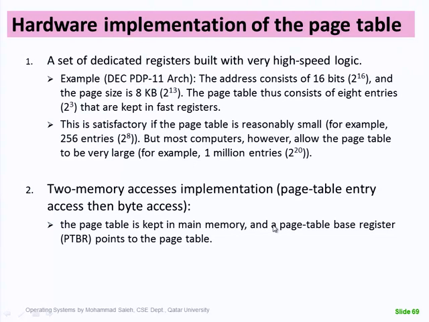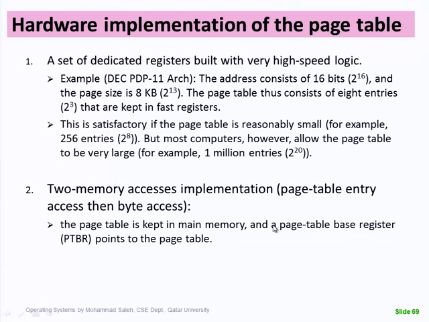Another way to implement it is by using a register to hold only the address of the page table in memory, and the actual page table is in memory. This is what we've been saying since the very beginning when we started to talk about paging.